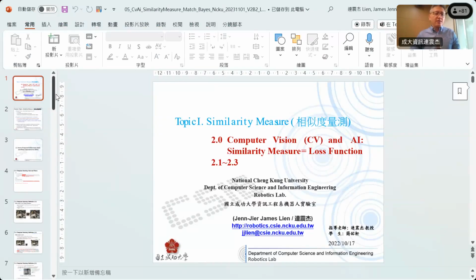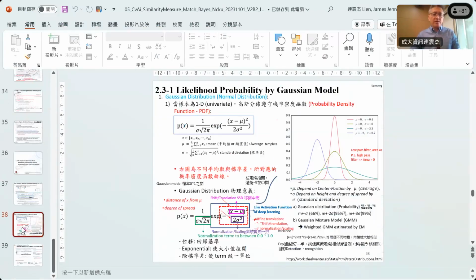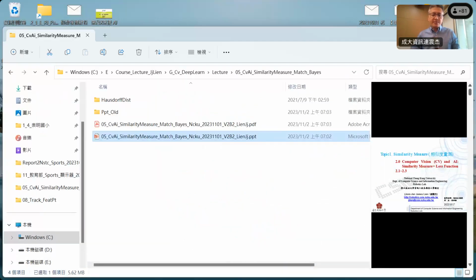Here, I will teach you the Gaussian model again and explain to you. In the other lecture, I spent a lot of time explaining this one. Okay, so this is a Gaussian model, and I will ask you the physical meaning of this one. Back to here.